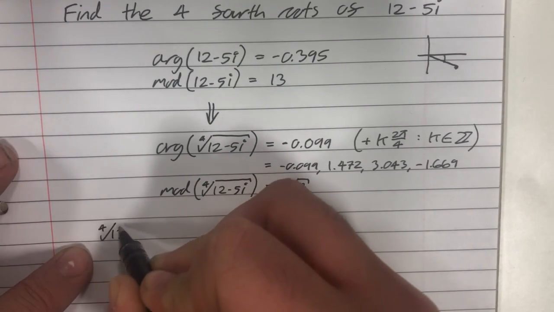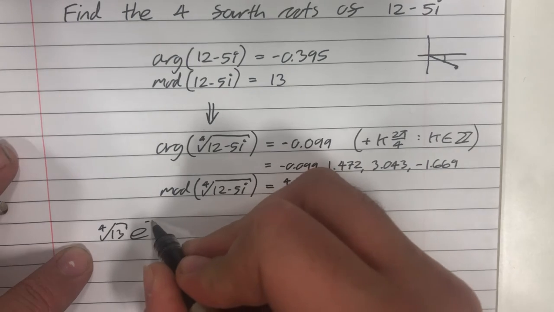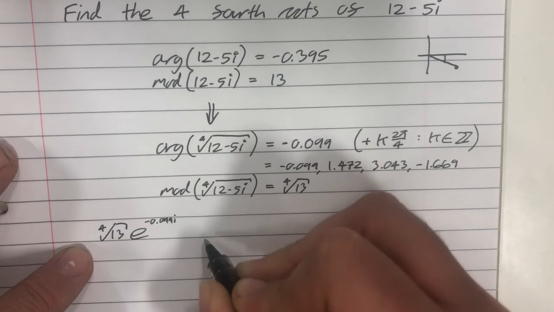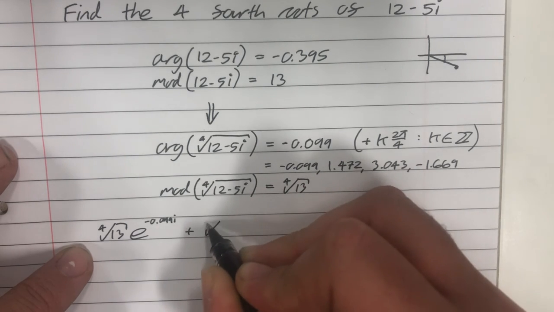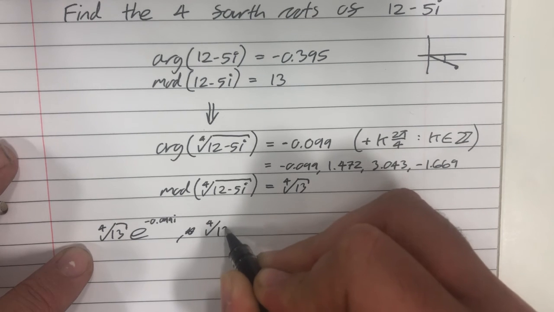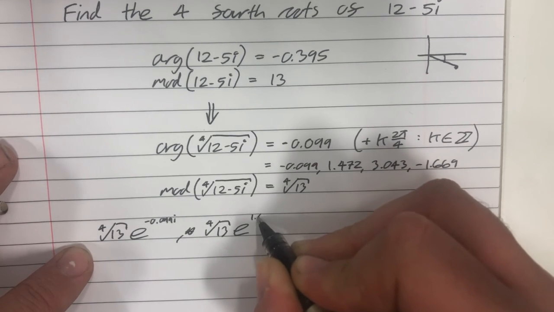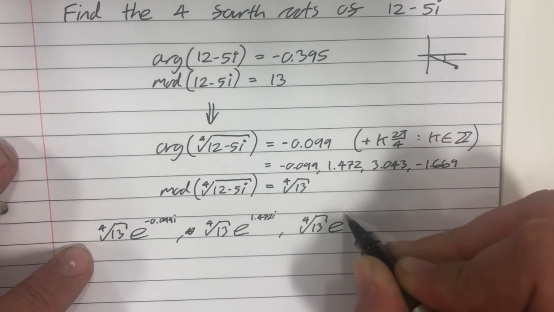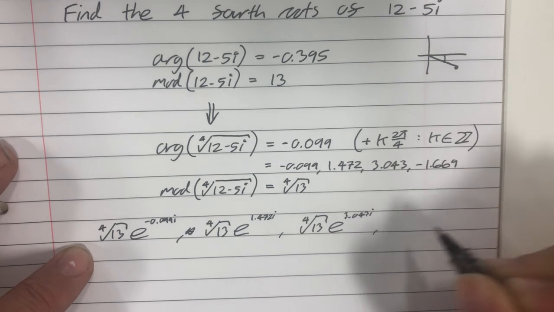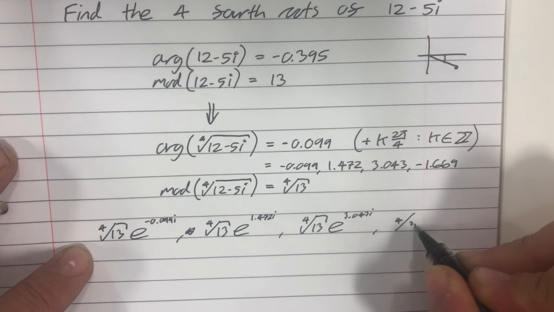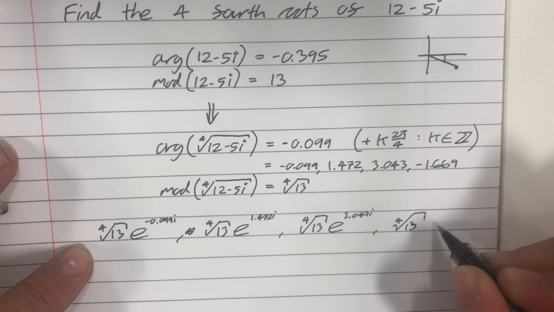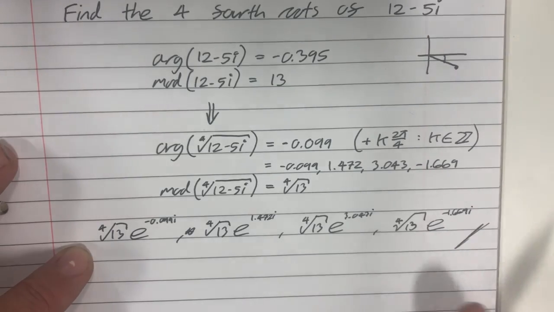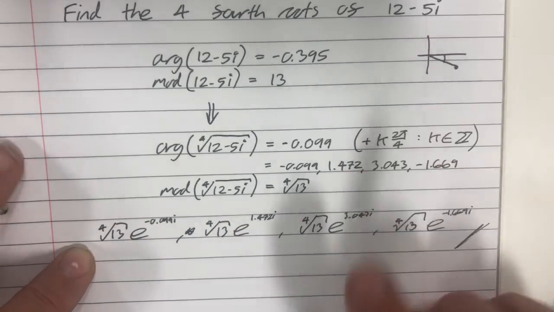So 4th root of 13 e to the minus 0.099 i, plus the 4th root of 13 e to the 1.472 i, the 4th root of 13 e to the 3.043 i, and the 4th root of 13 times e to the minus 1.669 i. And those are my 4 4th roots of 12 minus 5i.